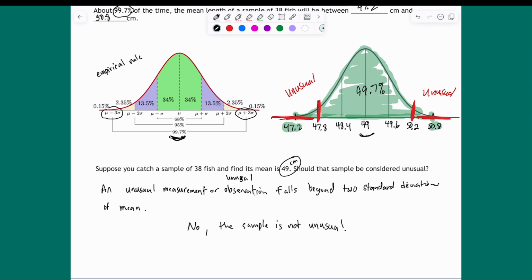However, if we had an observation of, say, 1 centimeter, that would be unusual. Therefore, the sample would be unusual because it's falling beyond the 50.2, which is 2 standard deviations above. Okay, so that's it for this video.